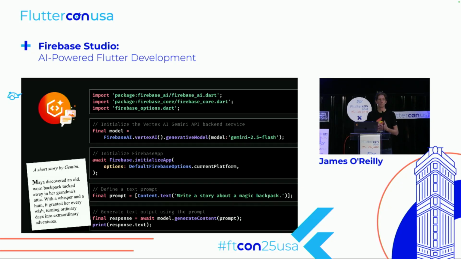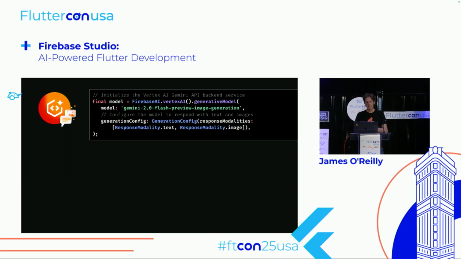Now, you can also do multimodal. And in this example, we'll take a look at that. So in this example, I'm changing the model because I want to use multimodal. I'm changing the model to Gemini 2.0 Flash preview image generation, which will help me have the ability to generate images.